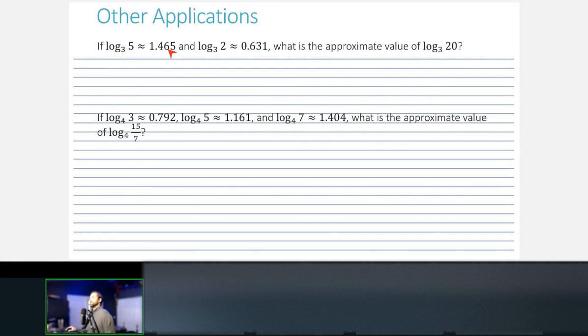I give you these givens. So if I tell you that log base 3 of 5 is this value and the log base 3 of this value here is equal to this answer, we want to use this to solve this. So any guesses of how we can actually approach this problem?